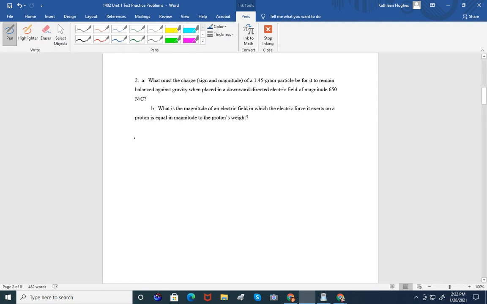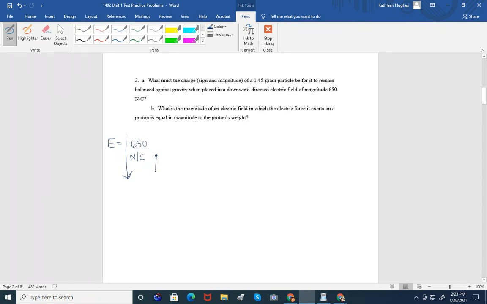So we have a particle. It's in an electric field. The electric field points down, it says, and it's equal to 650 newtons per coulomb. In order for the particle to be balanced against gravity, basically they mean it's just hanging in air, the net force has to be 0.